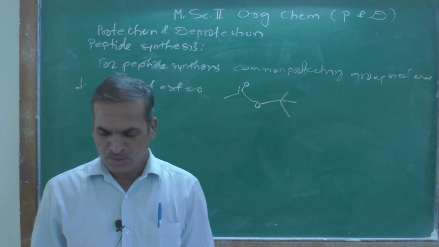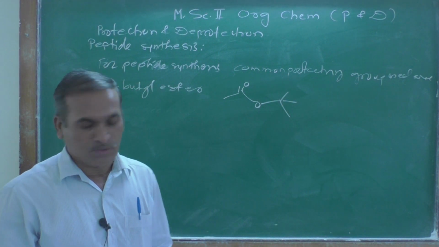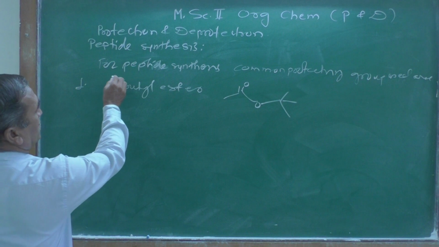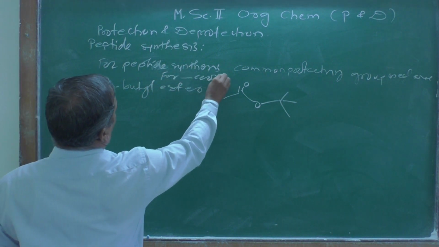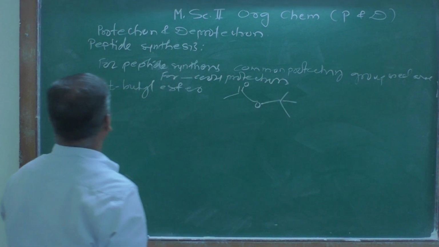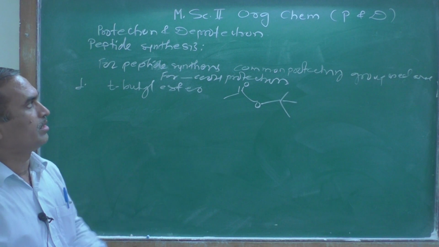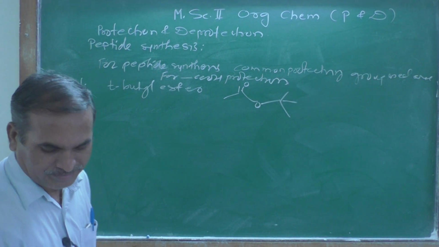It is used for COOH protection. The tertiary butyl ester is used to protect the carboxylic group.